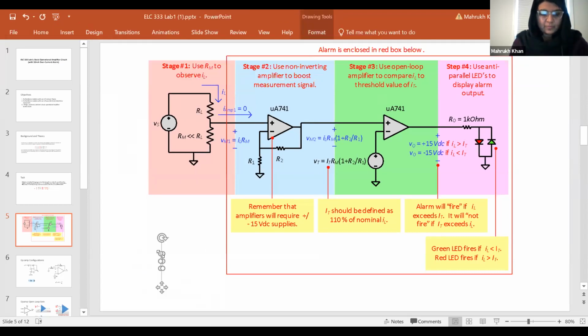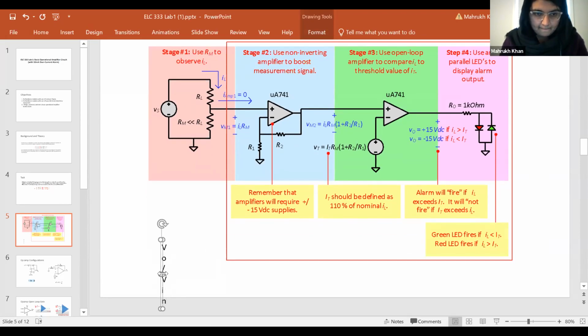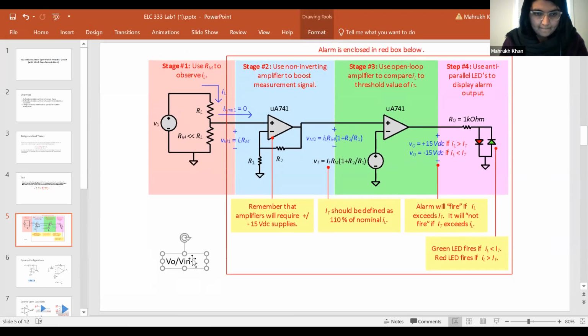Let me do this. So what I'm trying to say is, in the non-inverting case, V naught by Vin is equal to 1 plus R2 by R1, right? That you can see, right?